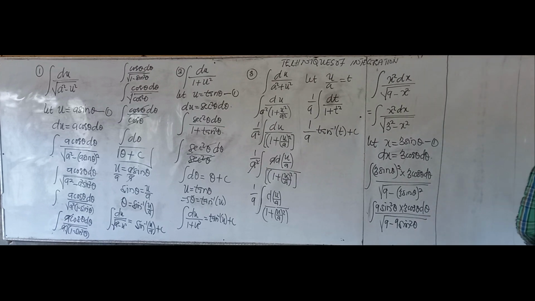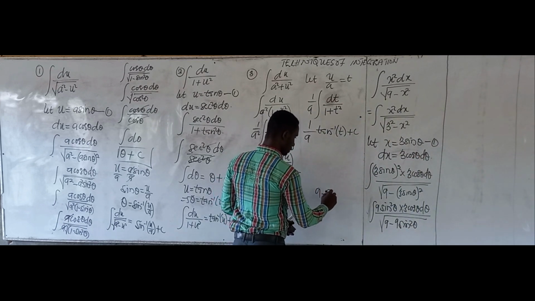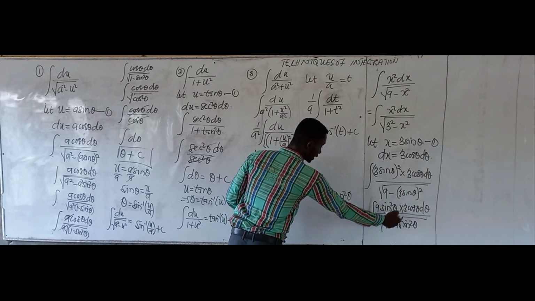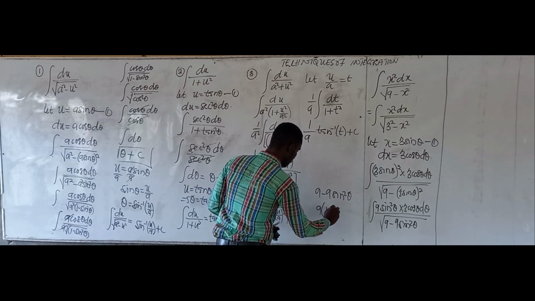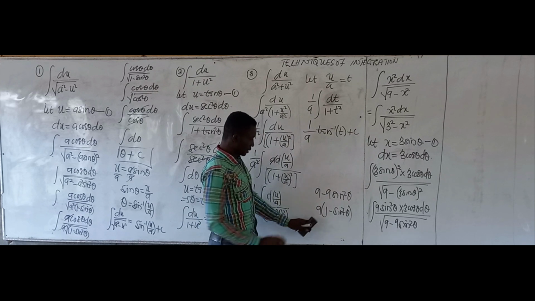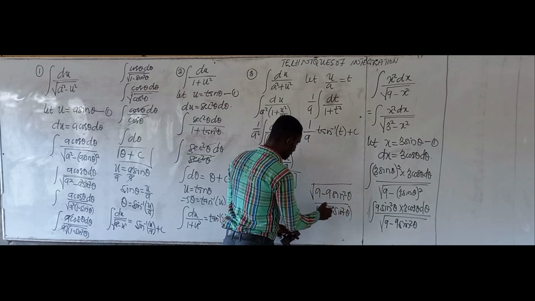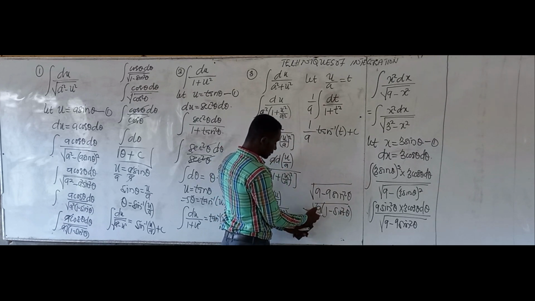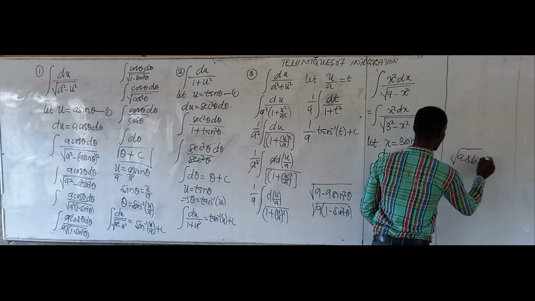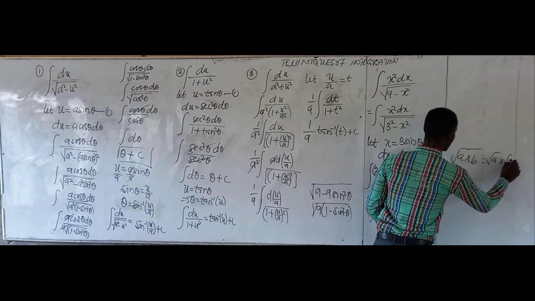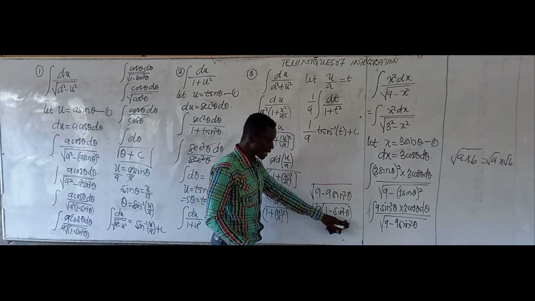Now look at this: 9 minus 9 sine squared theta, which is under the root sign. I can factorize 9 out to get 9 times 1 minus sine squared theta. Since the root of A times B is the root of A times the root of B, this is the root of 9 times the root of 1 minus sine squared theta.